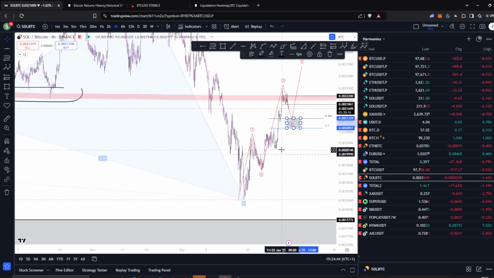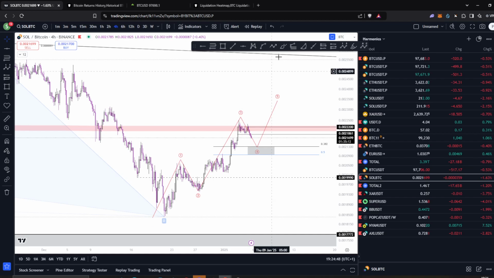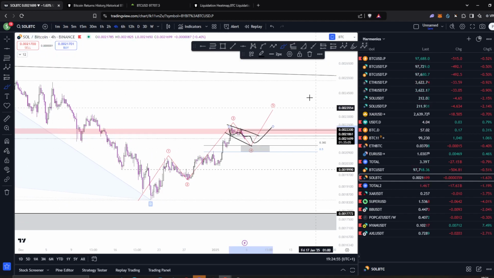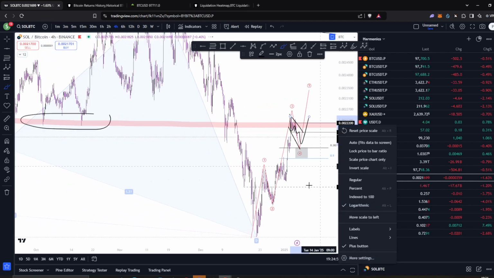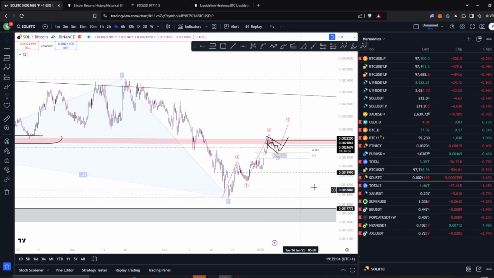So it's slightly lower from here on Solana Bitcoin, but you could also just form some type of bull flag here and start breaking up again, or some falling wedge of some sort, or expanding wedge even. And then you do get that break above the high. So that looks pretty likely here on Solana Bitcoin.